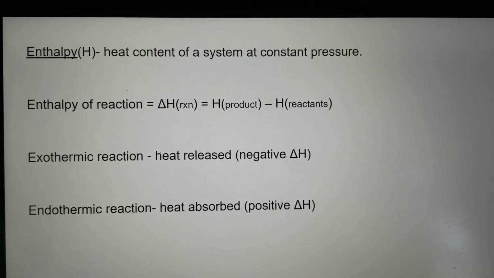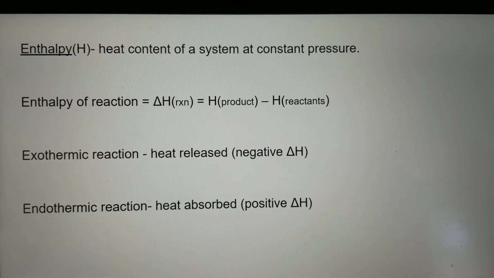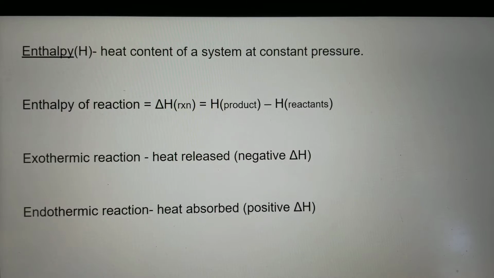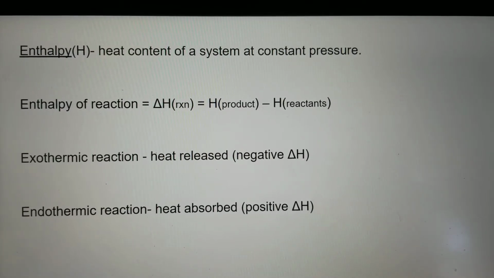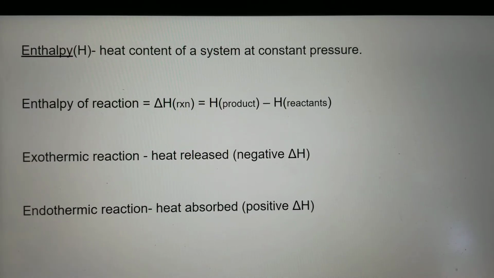At the end of the notes on the previous video, I ended on this slide where I introduced enthalpy, which is going to be represented by a capital H. The definition of enthalpy is the heat content of a system at constant pressure.